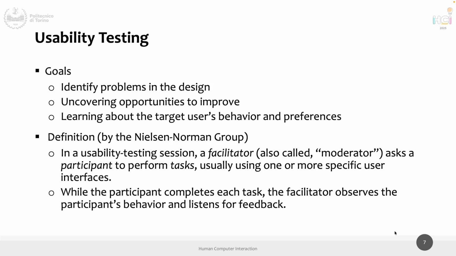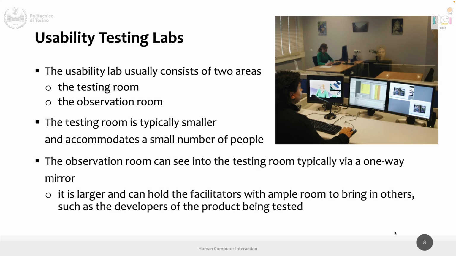And so from that, they can learn that maybe the interface that is behind those tasks could have some specific problem more than other parts of the application of the system. Usability testing is traditionally done in a usability testing lab, which are specific rooms designed to run usability testing.